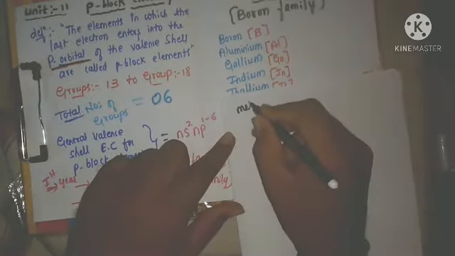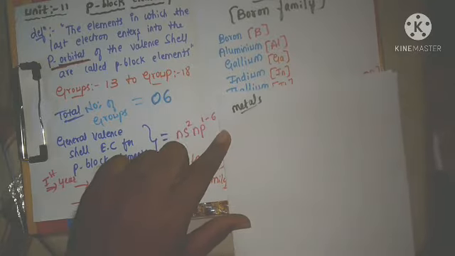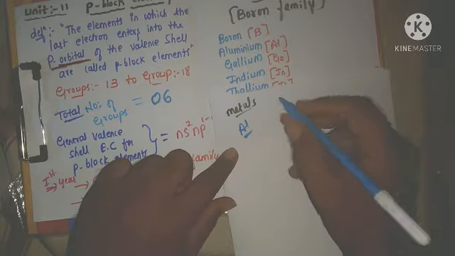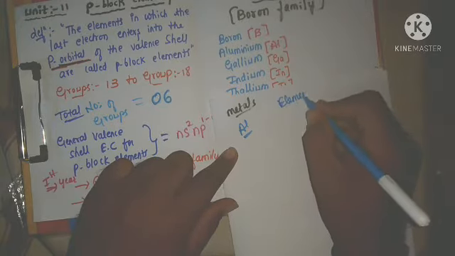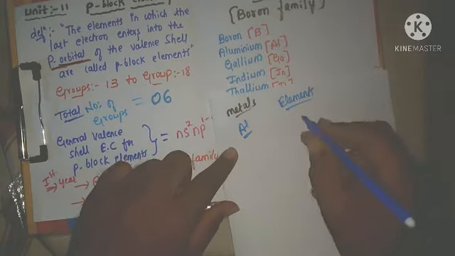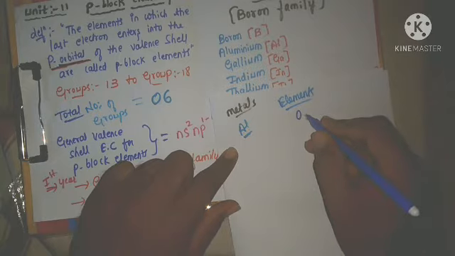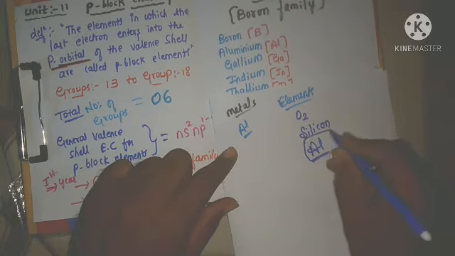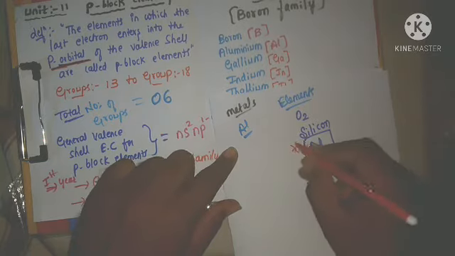If you compare only the metals, aluminium is first number. For all elements, first the most abundant element is oxygen, next silicon, and the third most abundant element is aluminium.